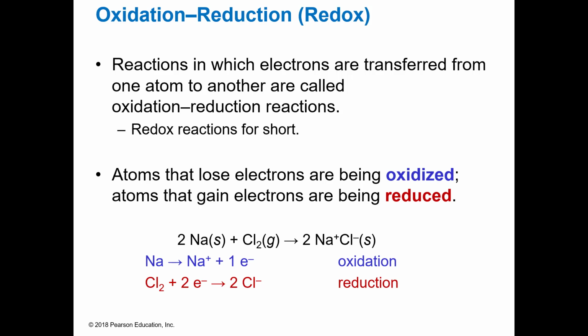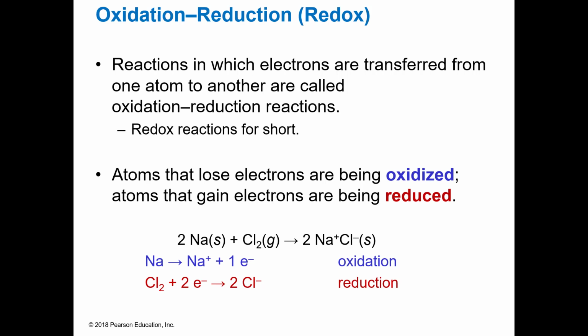The next thing is it's really important that you understand the equations. In the oxidation equation in purple, you see sodium, we have the yield sign, and then we have a sodium positive ion. So the sodium has actually lost an electron. And we show that loss by writing plus 1 electron.